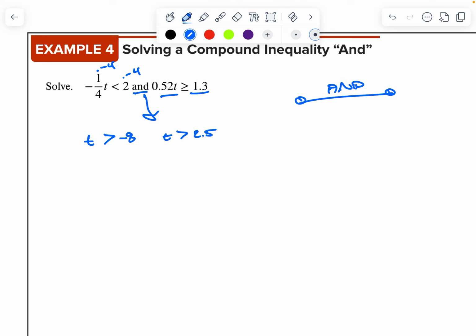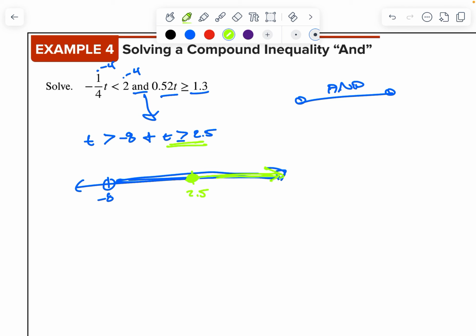This is an and symbol, so both of them have to be true. We can color code this a little bit. And t is greater than, this is greater than or equal to, t is greater than negative 8. That goes here. And t is greater than or equal to 2.5. That goes here.